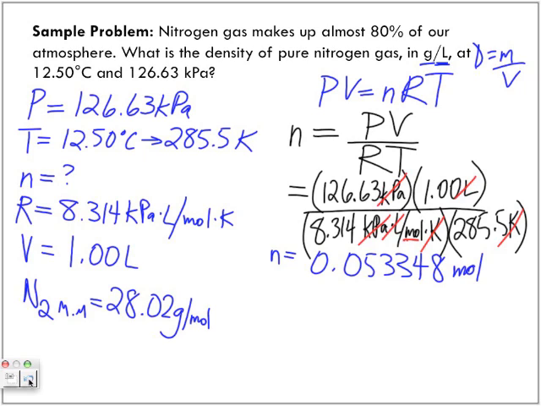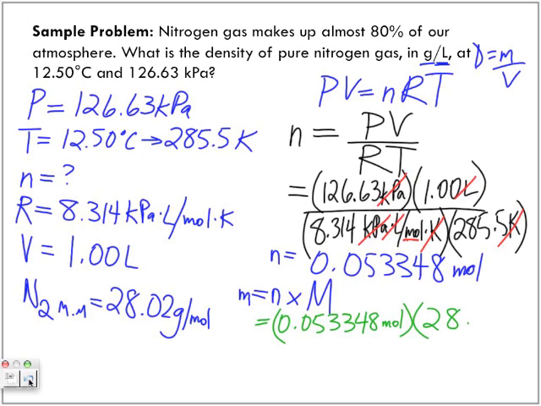Right? So we have the number of moles, we have the molar mass. So between the two, we're trying to find the actual mass itself. So the mass itself is equal to the number of moles multiplied by the molar mass. Right? So let's substitute our numbers. We've got 0.05338 moles multiplied by our molar mass, which we found earlier on, 28.02 grams per mole.